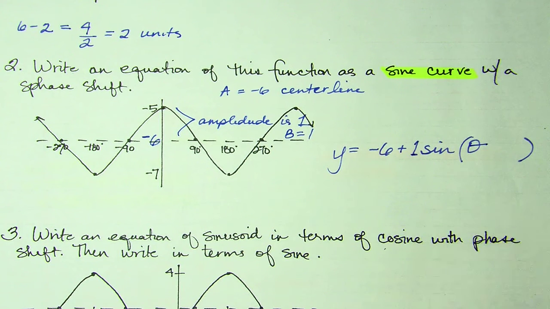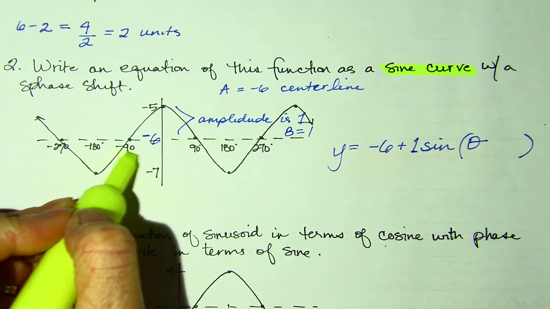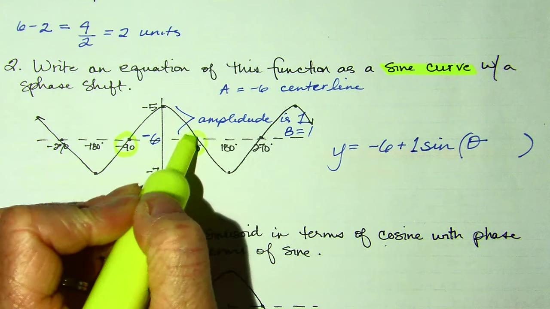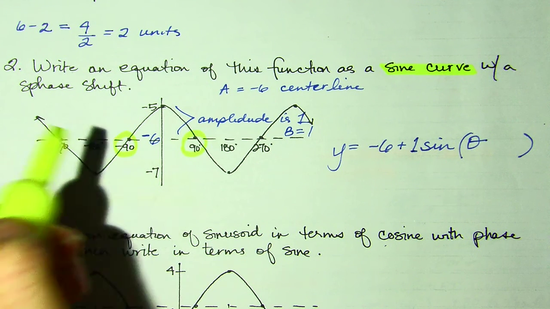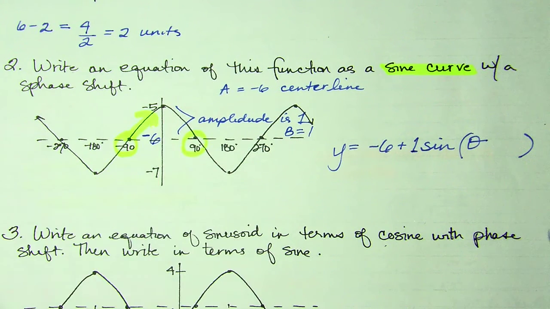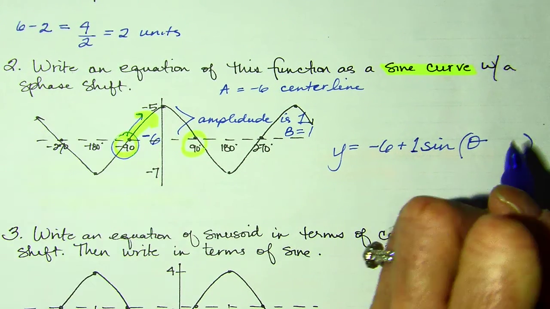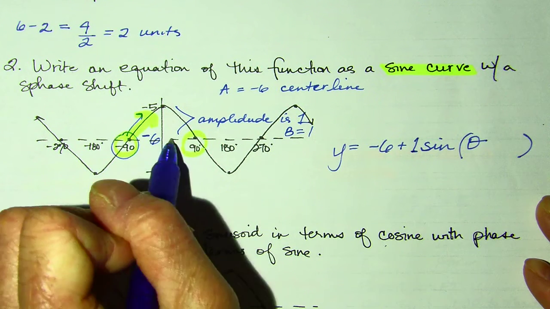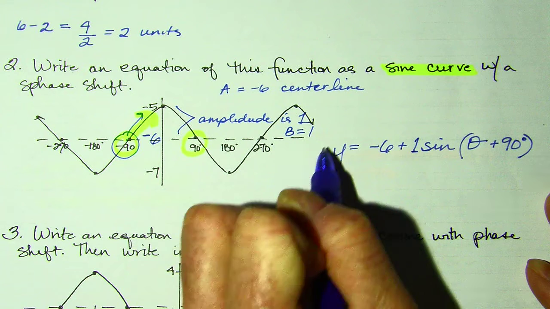So let's look for our phase shift. So I'm looking for a point on the center line. I have -90 and +90. But we're looking for the one on its way up, which would be the -90, right? This one, if I'm reading this graph, is on its way up. So if this is -90, if it was shifted to the left 90, I'm going to write +90 degrees.